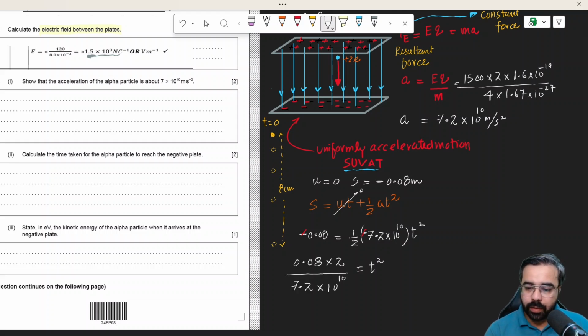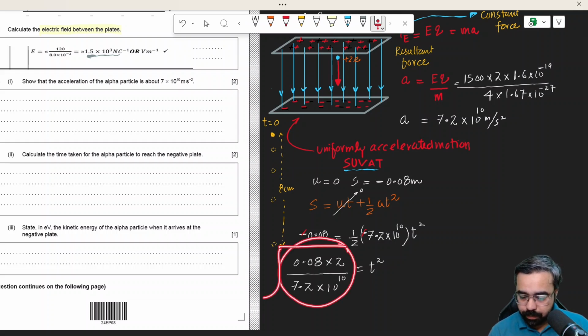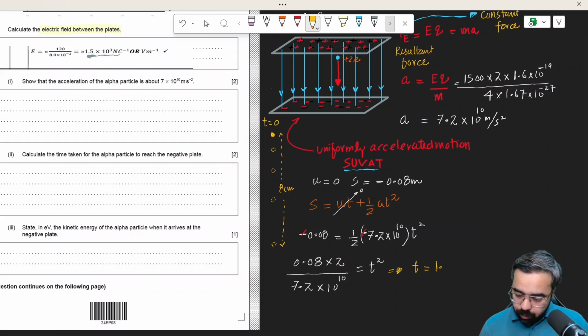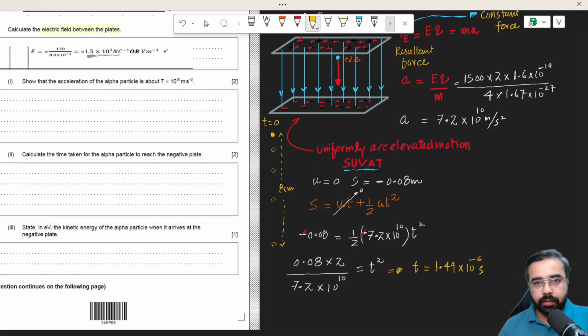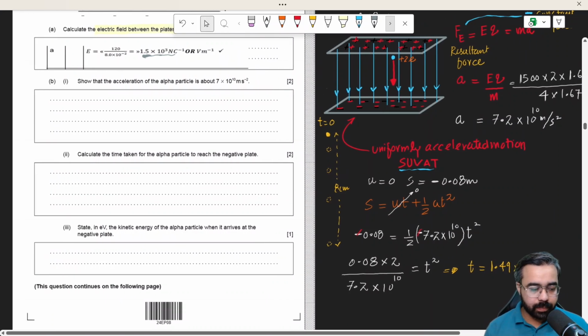Now it will look like this, and then you can take the square root because we want to find the time. So finally, dear students, the time value should be 1.49 times 10 to the power negative 6 seconds. So just 1.49 microseconds is taken by this alpha particle to cover such a small distance with such a huge amount of acceleration. I think this makes sense to us.